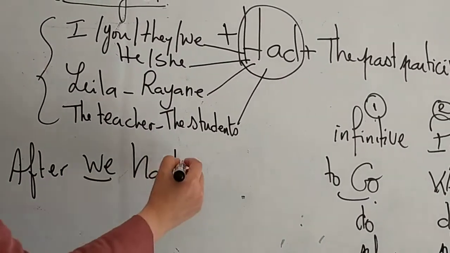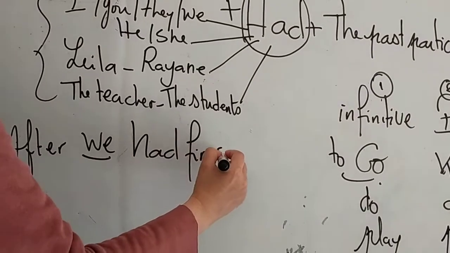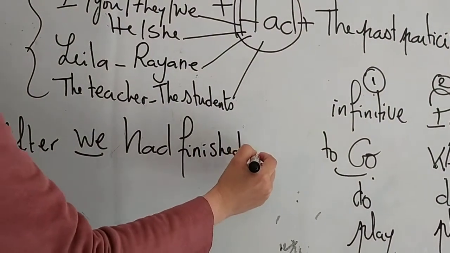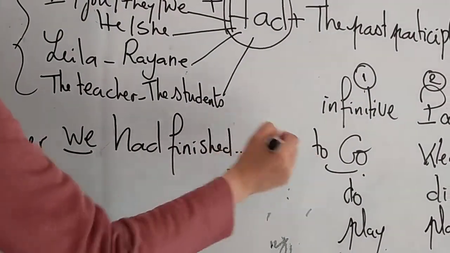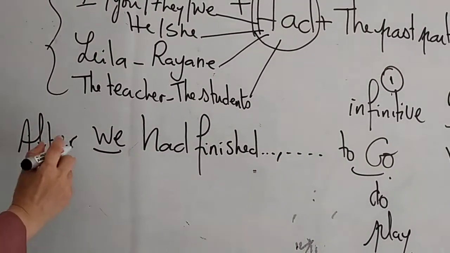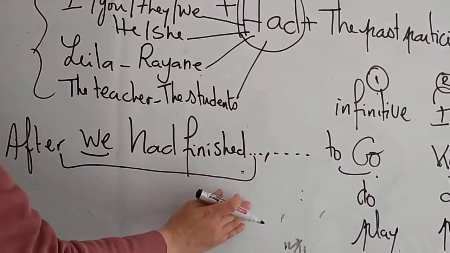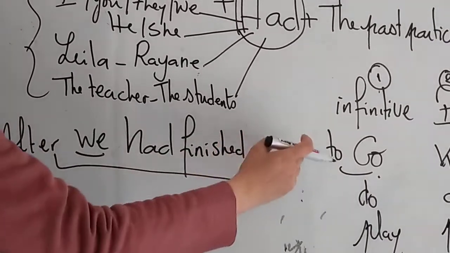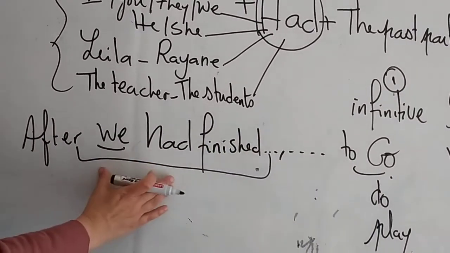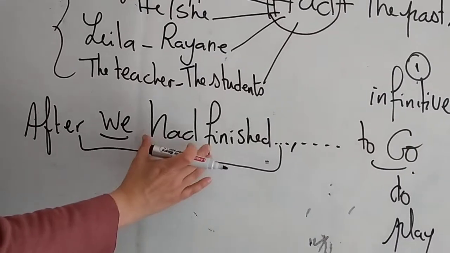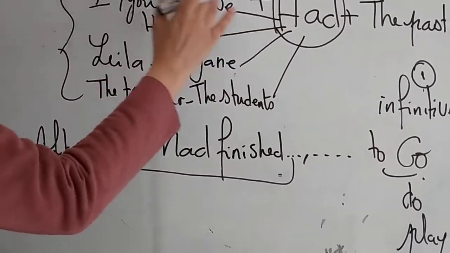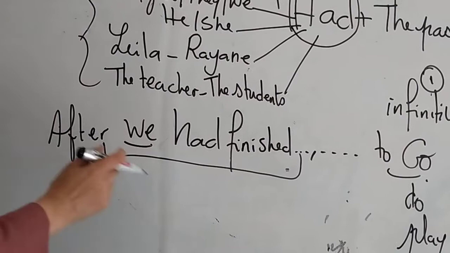After we had finished the lesson, we went outside. Okay, I will focus on just the form of the past perfect. أما الجملة راه باقا ما سالتش. الجملة غيكونوا فيها two or more actions. المهم عندي انا هنا هو بهذا البارت باش نبين لك نعطيك مثال على الفورم of the past perfect.